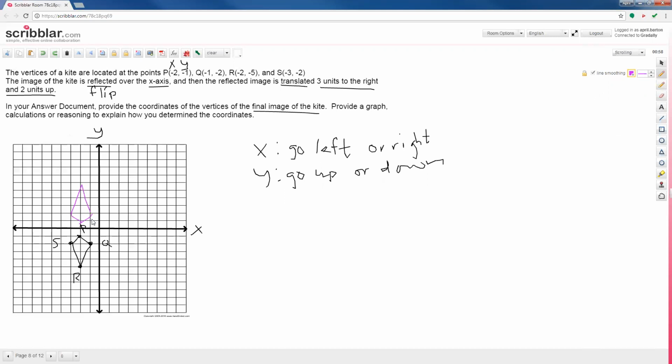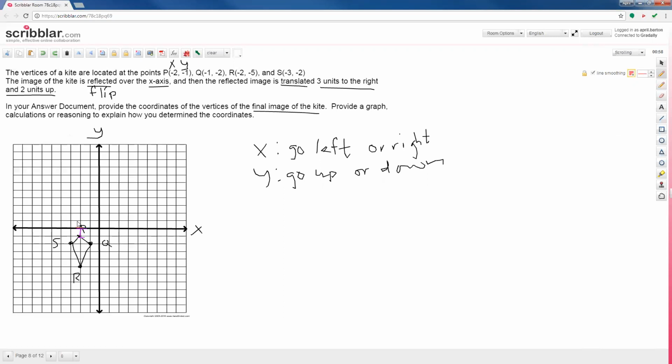But we need to know exactly where it's going to be. So we have to do some counting to figure that out. To mirror it exactly, you take a point, like point P, and you see how far it is from the line you're flipping over. They said to flip over the x-axis, so we say, well, we're one space away from that line of reflection, is what we call it. To do the flip, we just go that same distance above it.